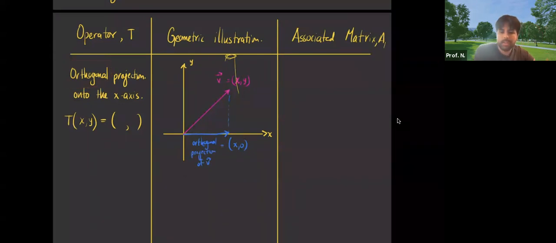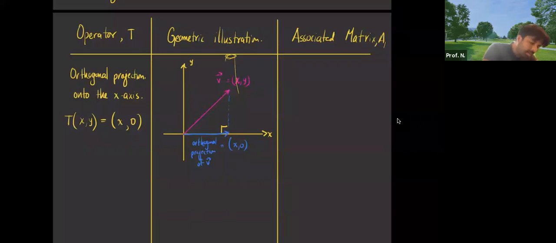And the orthogonality, what does orthogonal mean? It means perpendicular. So these components of this vector, the horizontal component and the vertical component, they have to be orthogonal, or in other words, perpendicular. So x comma y becomes x comma 0.